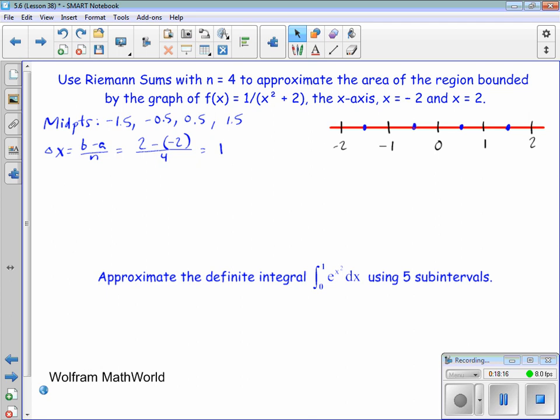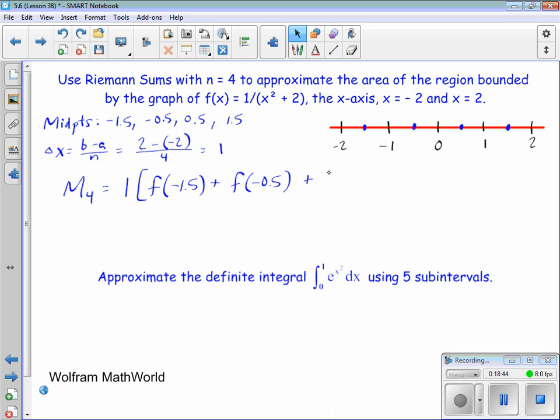So when I'm trying to do my midpoint with 4 pieces here, what number goes out front of the whole thing? Just that 1, right? The width is 1. And then inside here, my first y value I'm looking for is at -1.5. The next one is at -0.5.